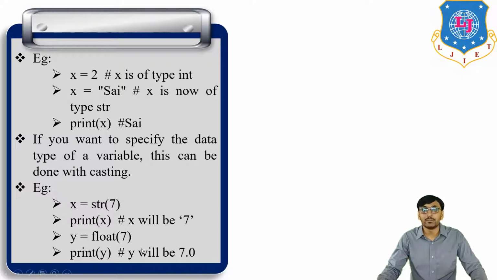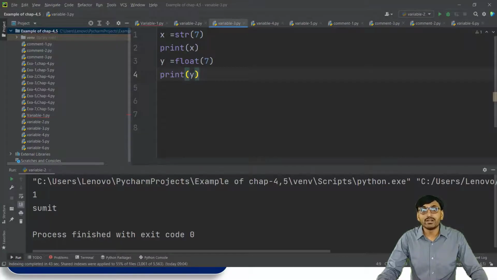Now the same program we run in PyCharm. So x = str(7), it means string of 7. Then print x, we get 7 but in string form. Then y = float(7) and print y, we get 7 but in float form.